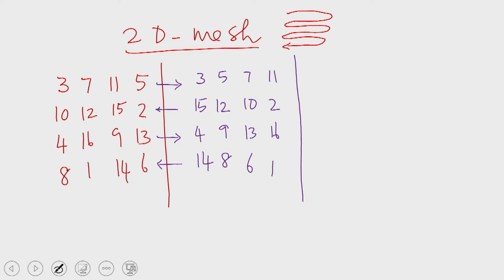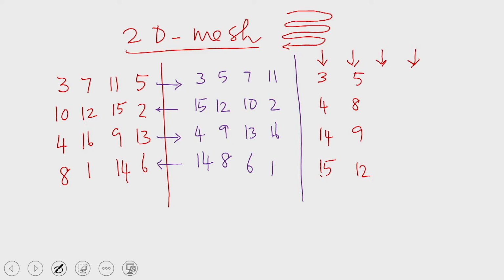And then in the second step, we sort the columns from top to bottom. So, from the first column we get 3, 4, 14, 15. In the second column we get 5, 8, 9 and 12.